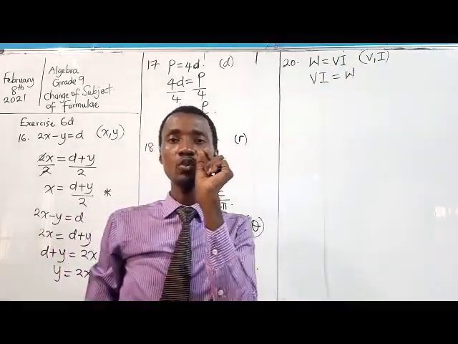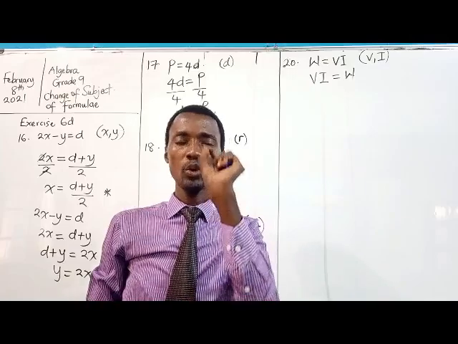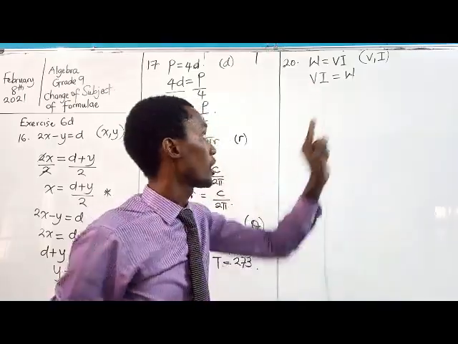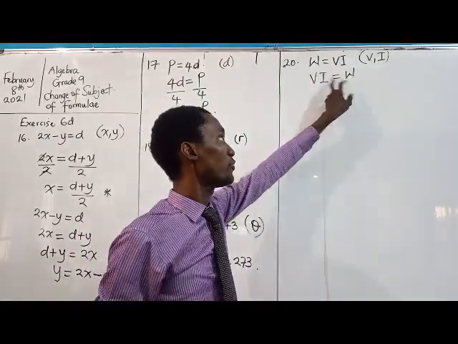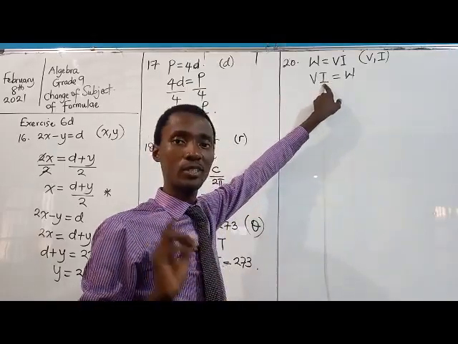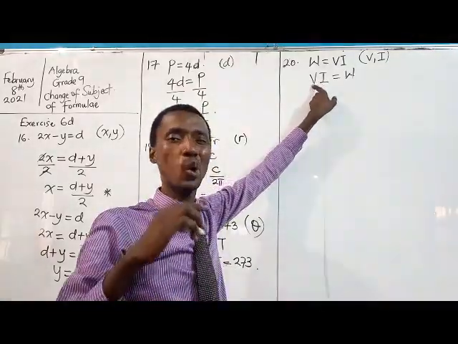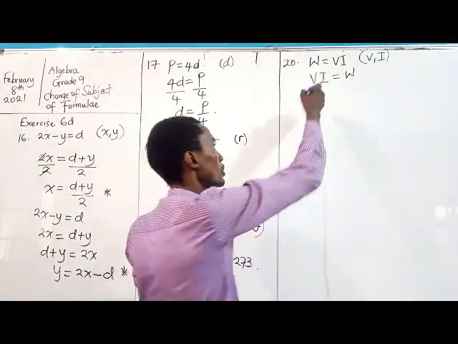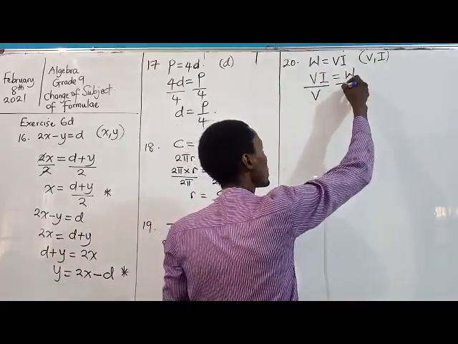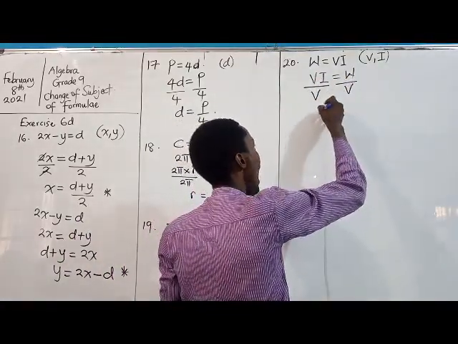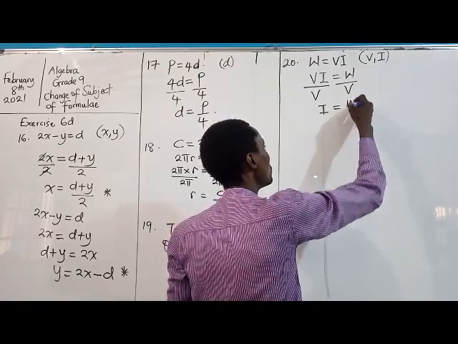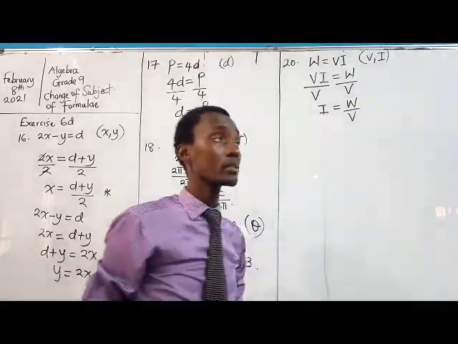If we want to emphasize I, we divide by V, because I becomes the subject and V becomes the coefficient. So we divide both sides by the coefficient and we have that I is equal to W over V, all capital letters.